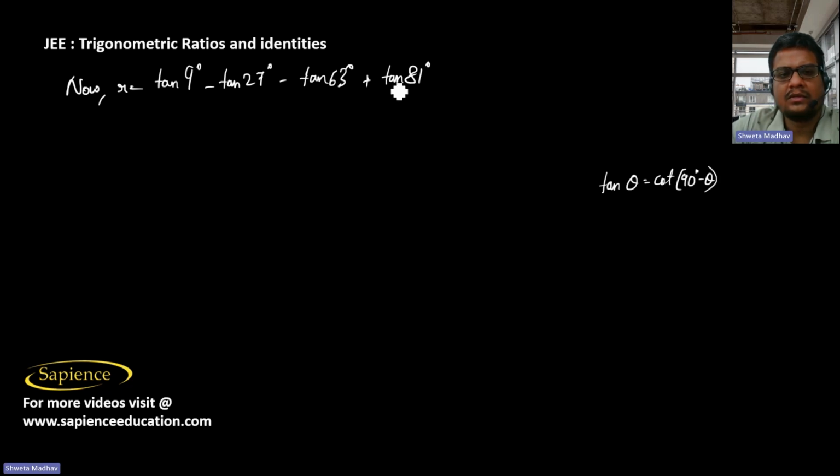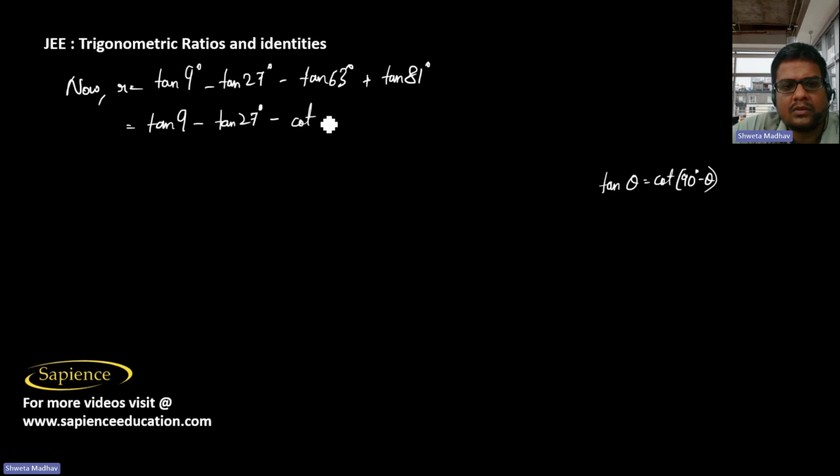So this will obviously be cot 9 degree. So therefore this will be tan 9 degree minus tan 27 degree minus cot 27 degree, because 90 degree minus 63 is obviously 27 degree. So cot 27 degree, plus I can write this as cot 9 degree.